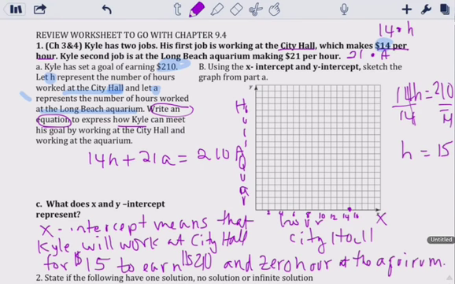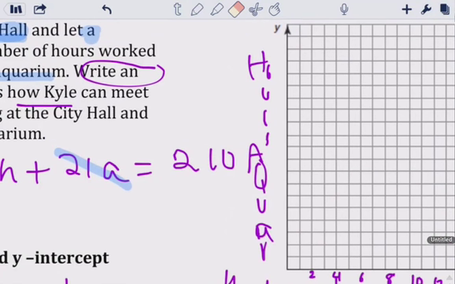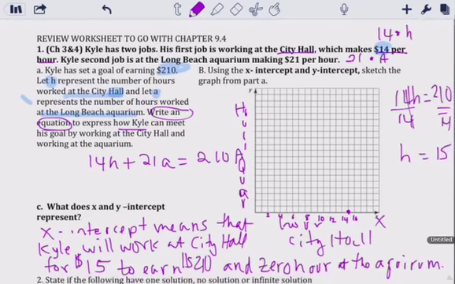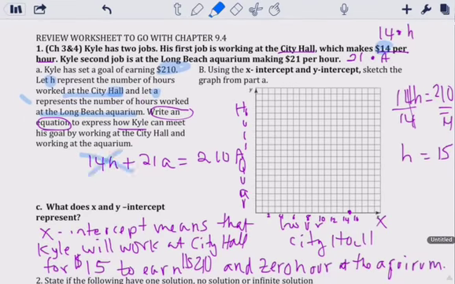Okay, so if he works, that's making that equal to 0 and using this only. Now let's do the opposite. Now let's mark this to be 0 and only solve for that. That is working only at the aquarium.